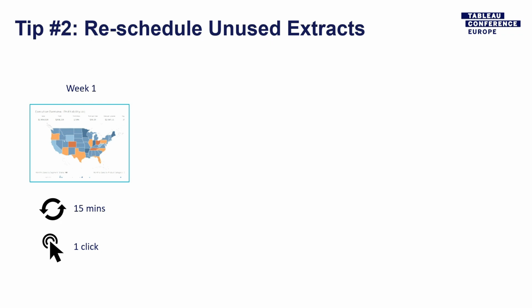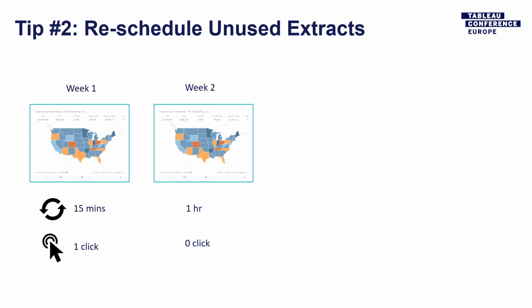Let's say a person publishes a workbook, picks the 15-minute schedule, and then looks at it once, one click, and then nothing happens for a week. What do we do? We automatically find this workbook, and we reschedule the extract to be refreshed only once an hour instead of once every 15 minutes, right?